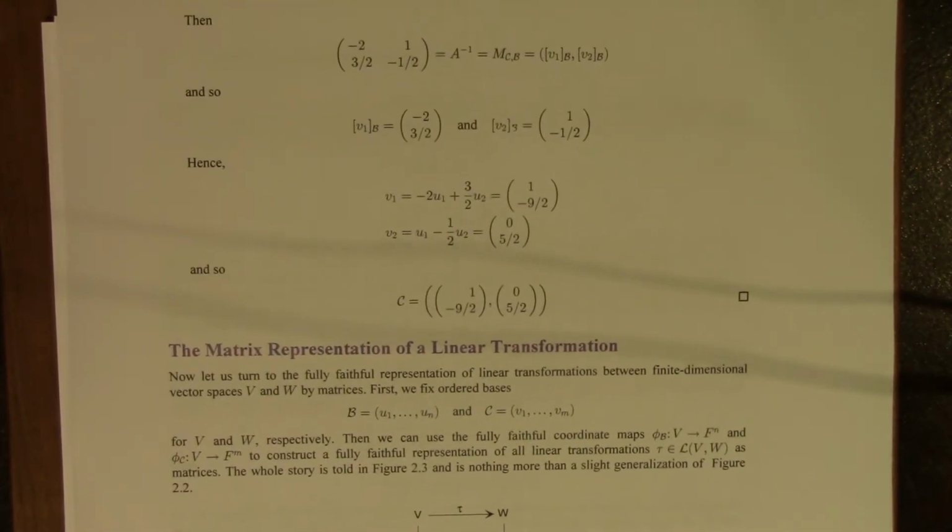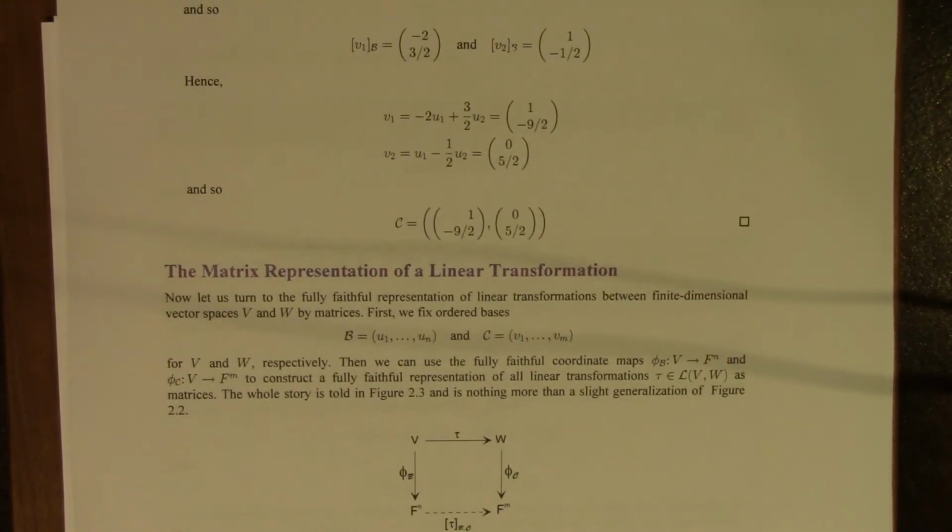We now want to generalize that to the fully faithful representation of linear transformations between any finite dimensional vector spaces, say V and W, not just Fn and Fm.